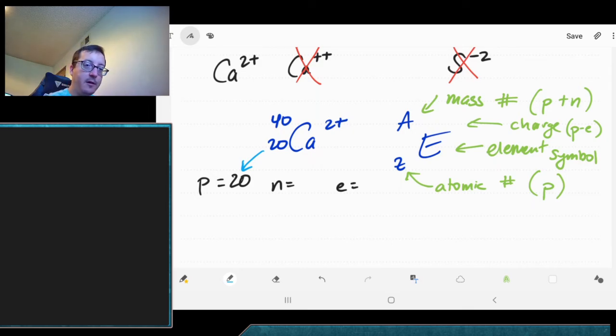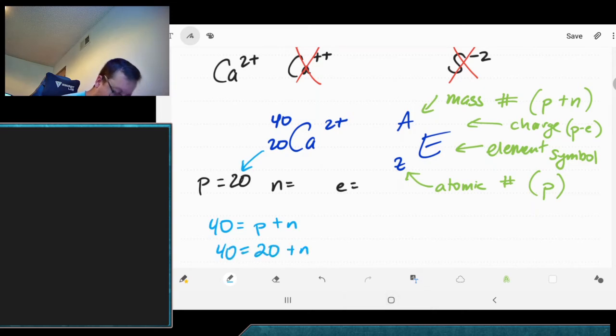Okay, so we see we have protons plus neutrons there in the top. So we know we have our mass number, protons plus neutrons. We have 20 protons. And so n in this case is 20.